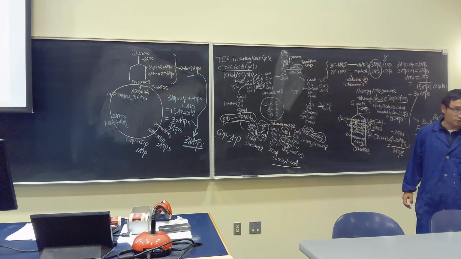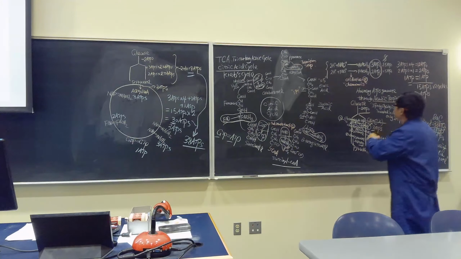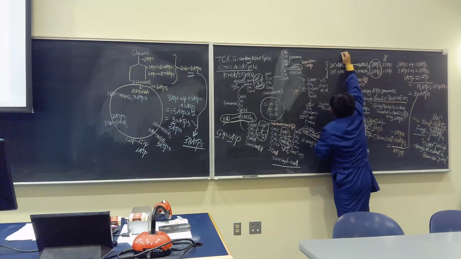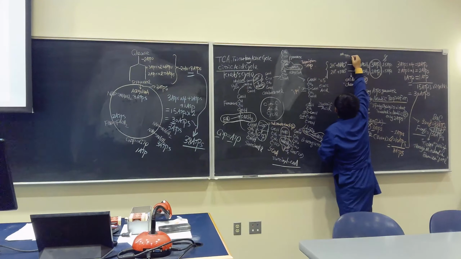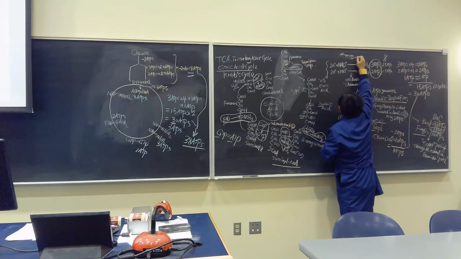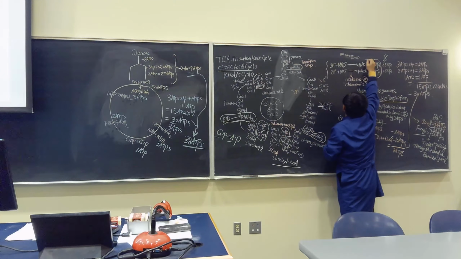NAD reduced to NADH2, the voltage value is more negative compared to the bottom one. So remember, we have NAD, go FAD, go FMN, FeS, go CoQ, go to oxygen.